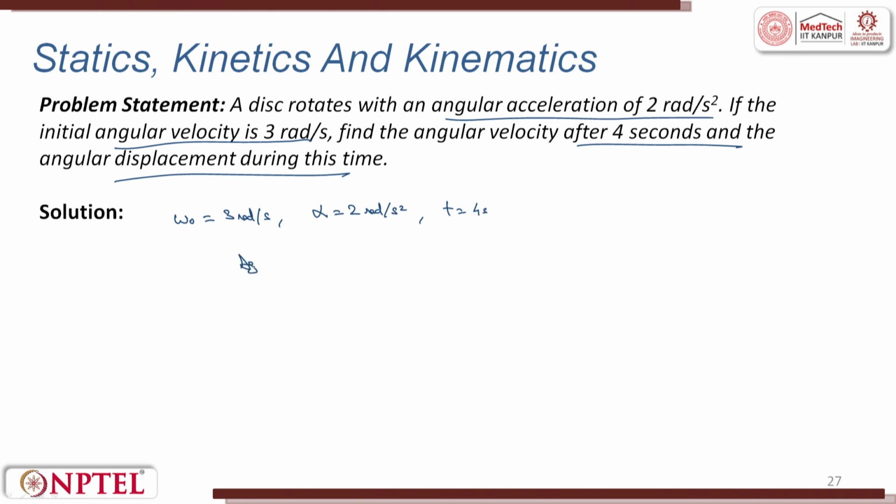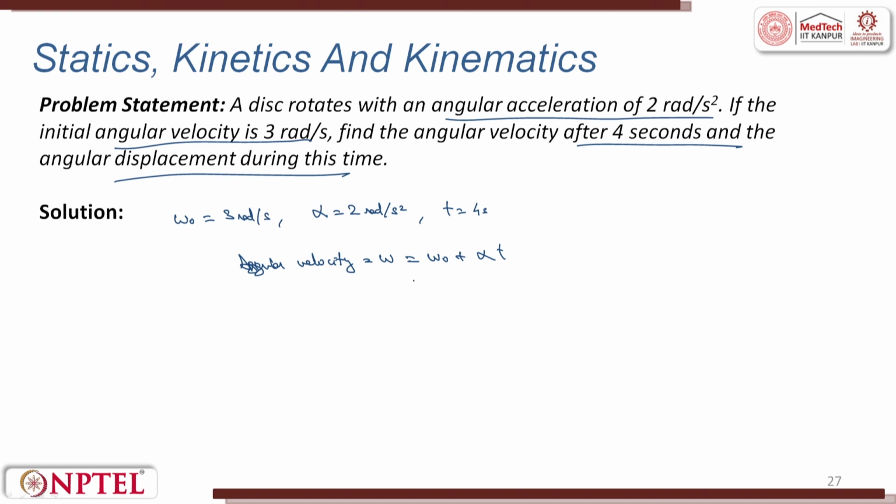So, angular velocity omega is equal to, we use the similar relationship like v is equal to u plus at. This is omega is equal to omega naught plus alpha into t.